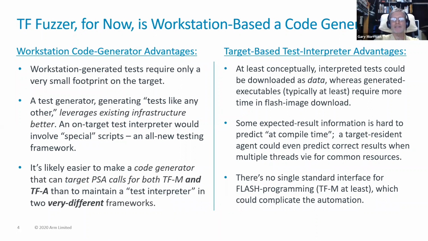Currently, though, as I mentioned, it was originally intended to be running entirely on the target. What we have now is strictly the opposite. It's a workstation-based code generator, and nothing about it is running on the target other than the tests that it generates, which are compiled like any other code and then run on the target as compiled code.